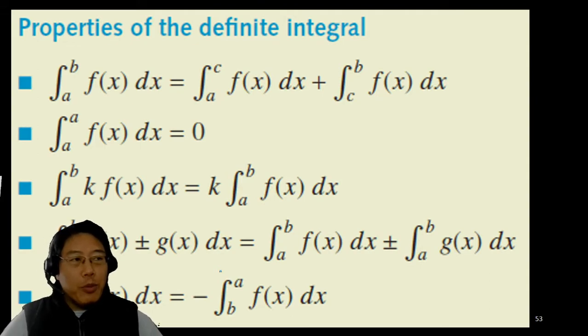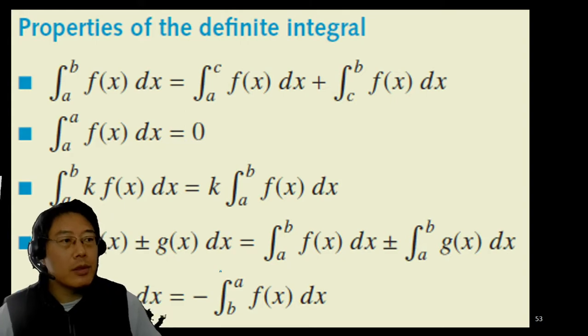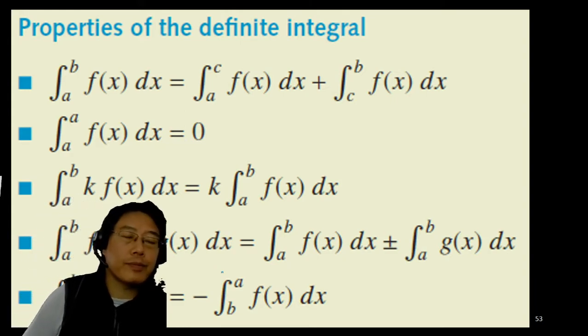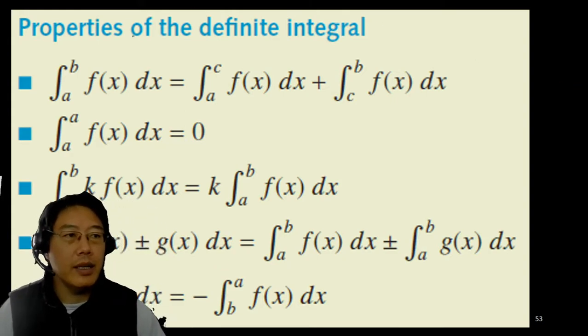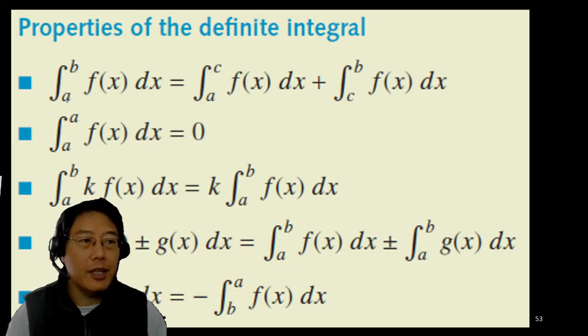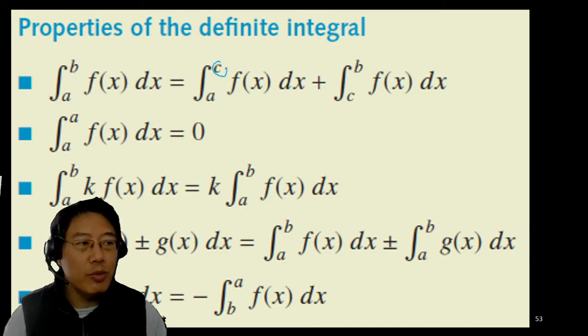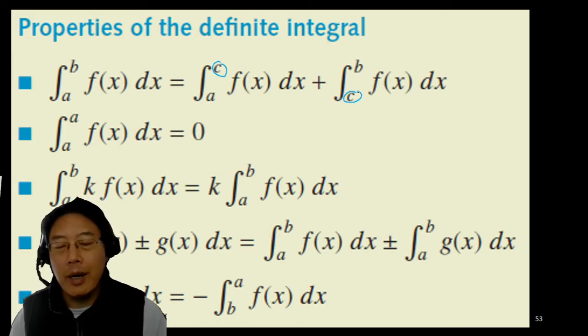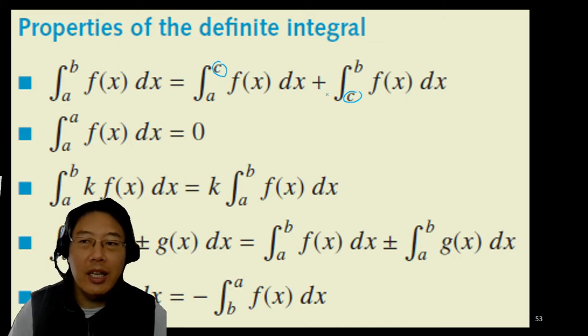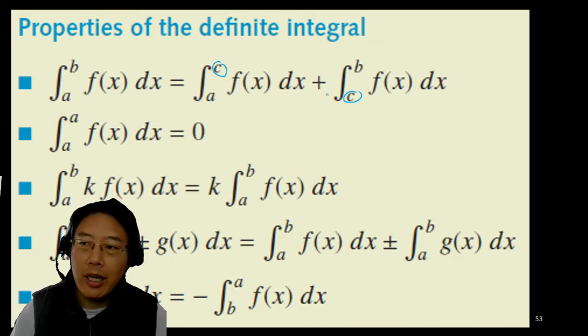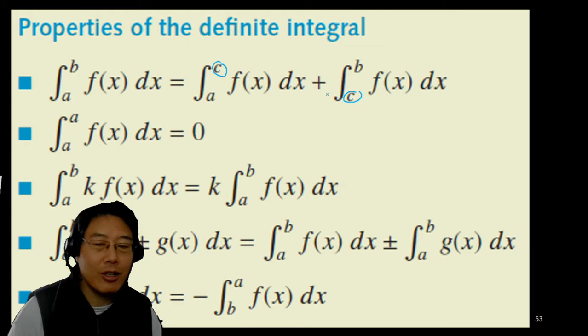Then you will have properties of integrals. So if you have a definite integral from a to b, you can introduce another parameter, so we call it c. Usually c will be between a and b, but actually it doesn't really matter. The integral being an algebraic amount, it's not an absolute value.